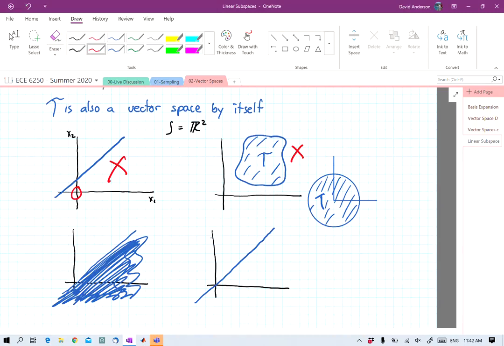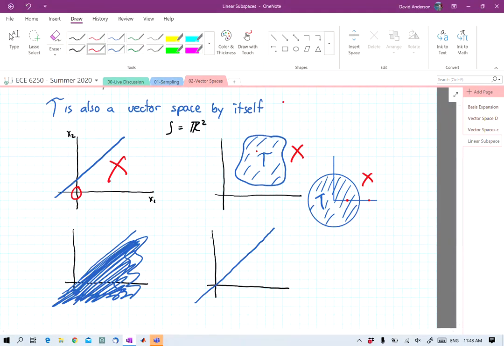Also, I could choose any vector here, multiply it by some scalar, and I would get something outside of the vector space. This one, the third one along the top row, does have the origin, so we do have the zero vector in there. But because it's bounded in its extent, once again, if we picked some value here, multiplied it by a scalar, say 3, we would get something out here that's outside. So that's not a vector space.